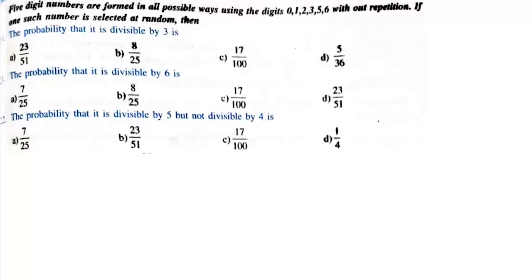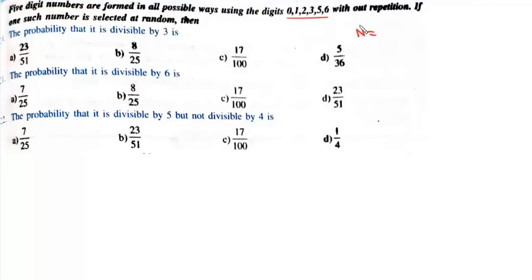Now the question is: 5-digit numbers are formed in all possible ways using the digits 0, 1, 2, 3, 5, 6 without repetition. If one such number is selected at random, find the probability that it is divisible by 5. Now first we'll find how many 5-digit numbers altogether can be formed from these digits.